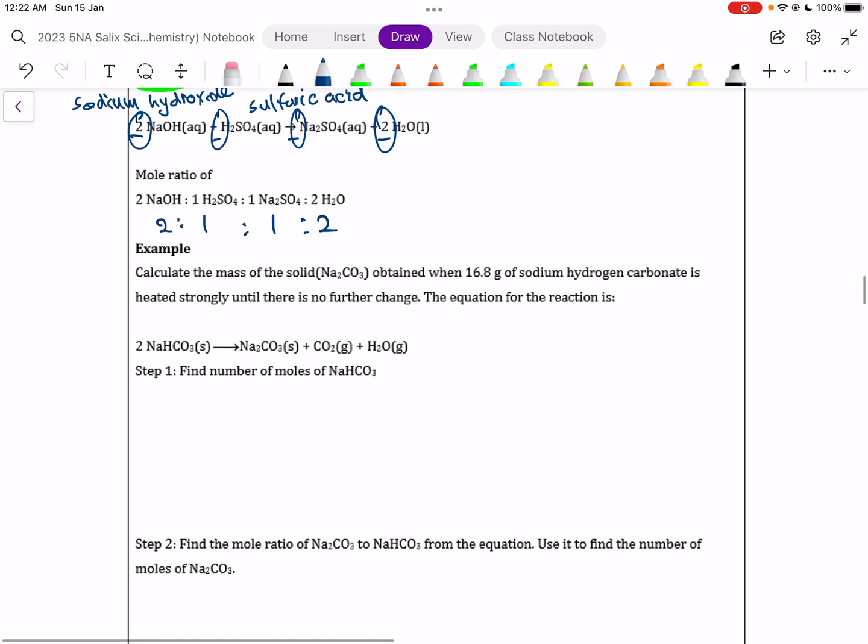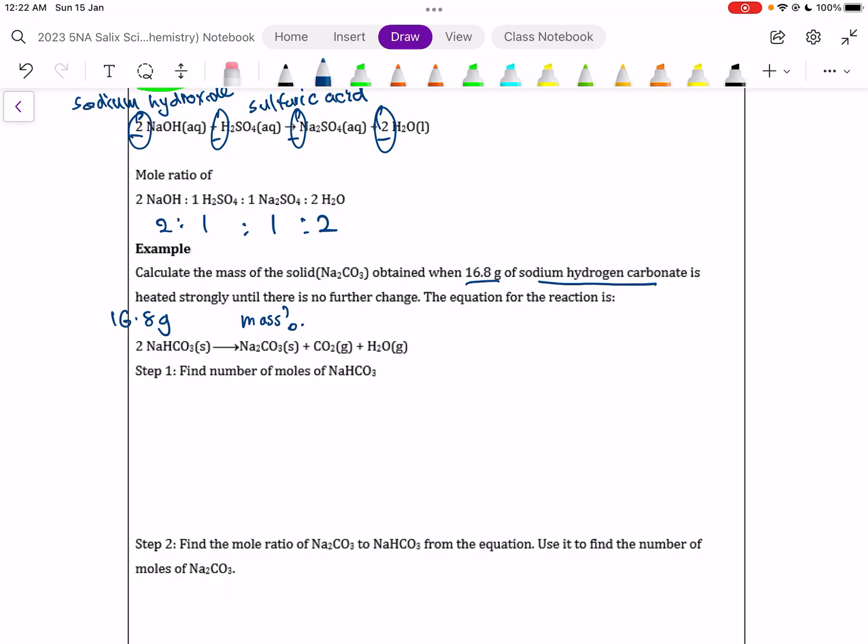All right, so you are given this reaction. You're asked to find the mass of your sodium carbonate. You are given 16.8 grams of sodium hydrogen carbonate, which is heated strongly until there is no further change.